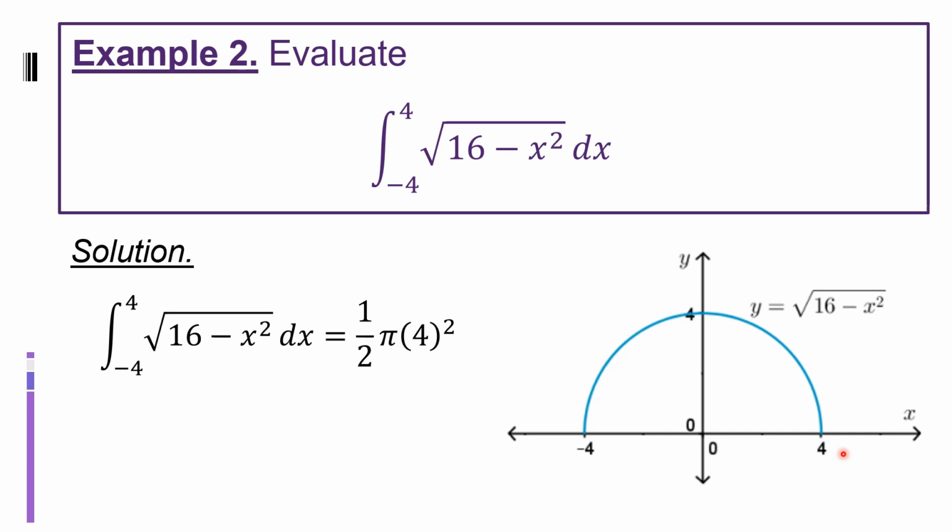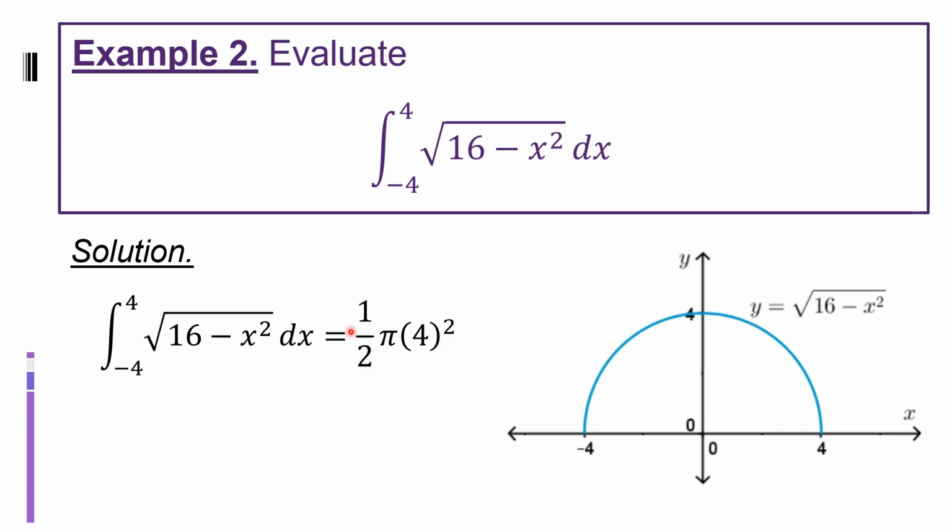So for our solution, the definite integral from negative 4 to 4 of the square root of 16 minus x squared dx is just equal to, since semicircle to, at ang radius natin is 4, we can actually use the formula for the circle and then divide it by 2. So that is pi r squared divided by 2.